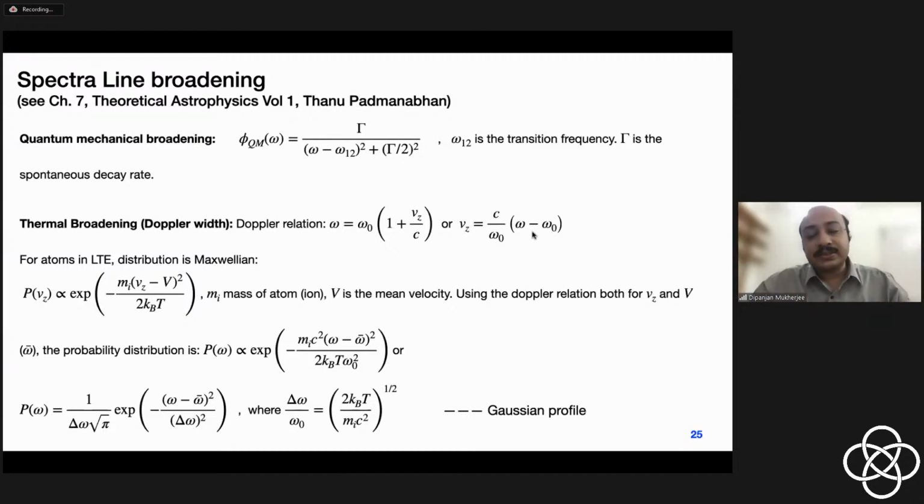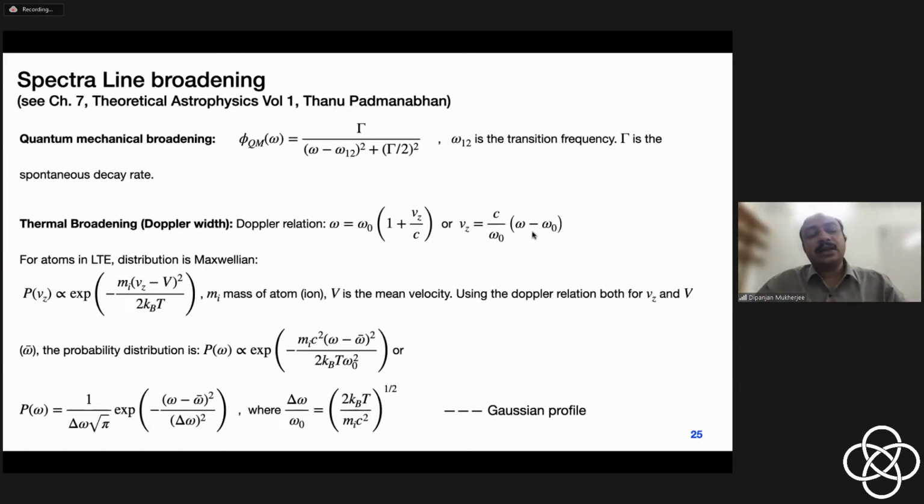Now, in a thermal system, we know that the particles are distributed according to a Maxwellian distribution. Again, this may not be very obvious to you if you have not done statistical physics, but since we are expecting that all of you are third year and onwards of BSc, most of you would understand this. There would be some who are from a technical background. You may find it a bit difficult, so I would urge you to learn more about statistical mechanics because these are fundamental points in physics.